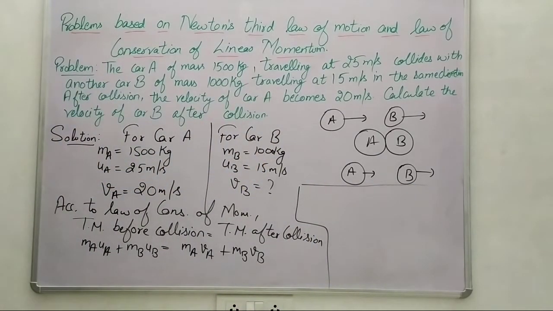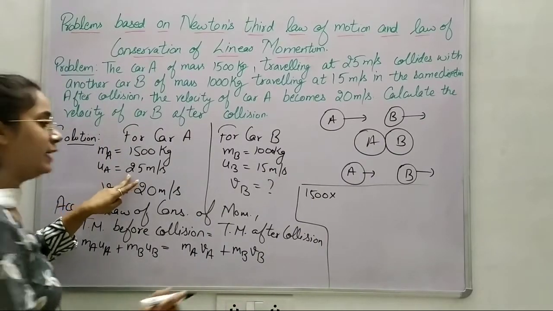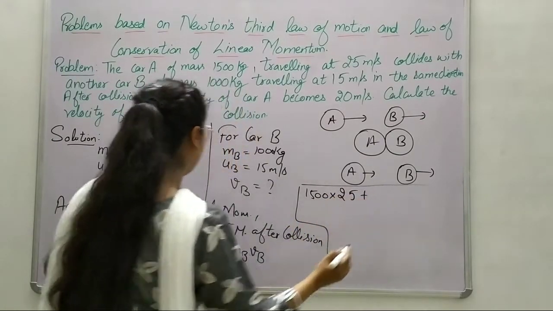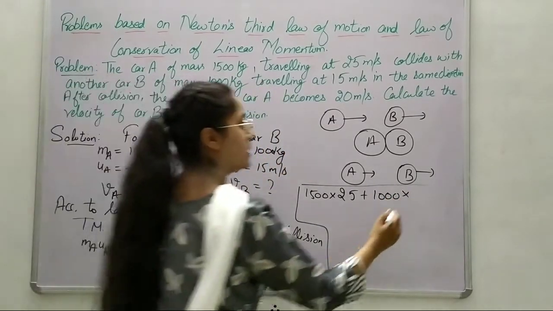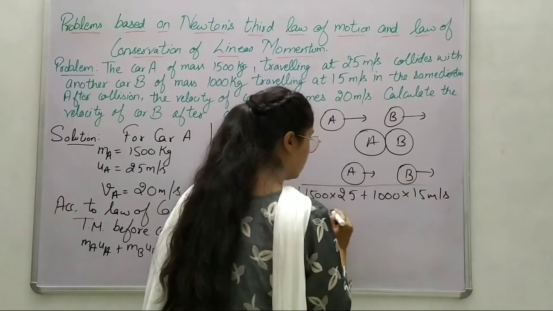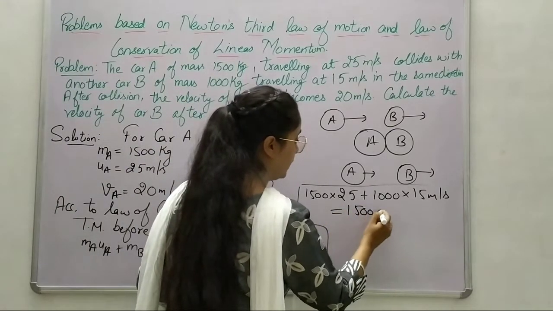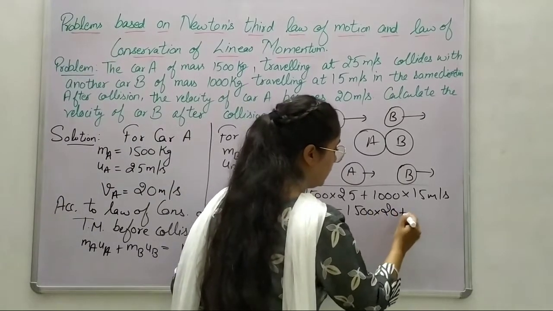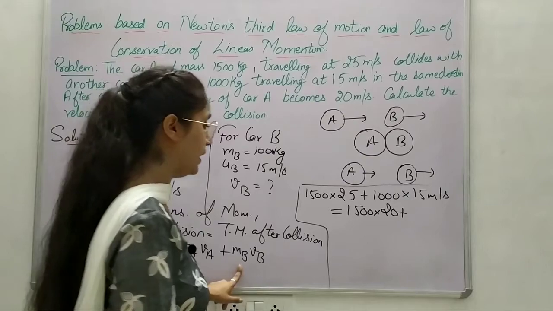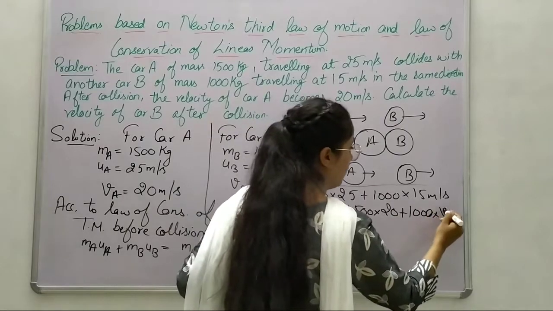As the space is much smaller, I am not left with that much space. So MA is 1500 times UA equals 25 plus MB is 1000 into UB equals 15 meter per second is equal to the final momentum, that means MA is 1500 again times VA is 20 meter per second plus MB equal 1000 times VB, which is what we have to find.